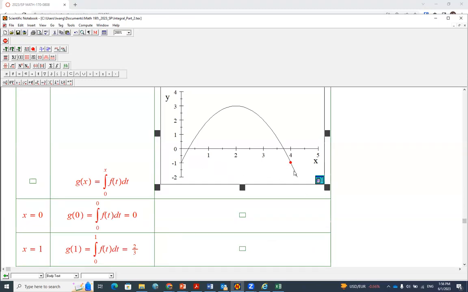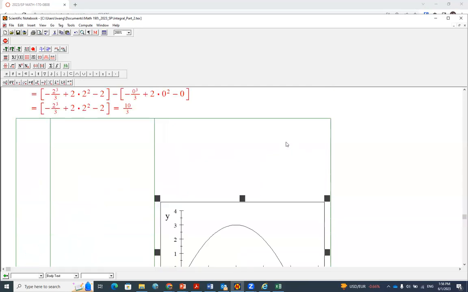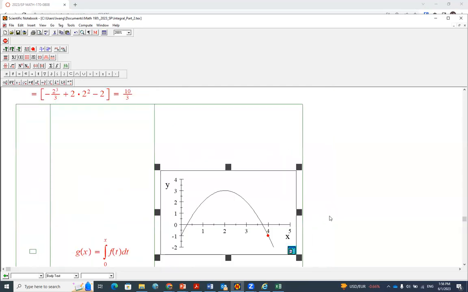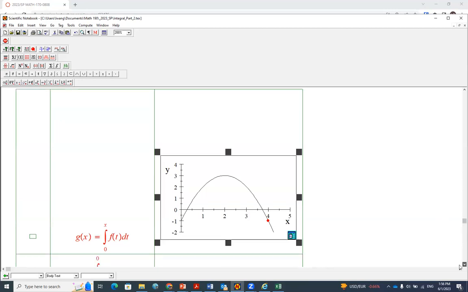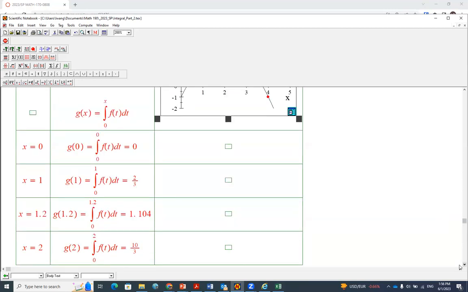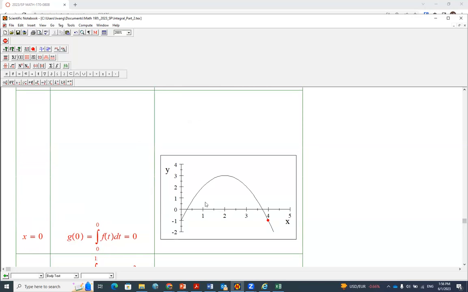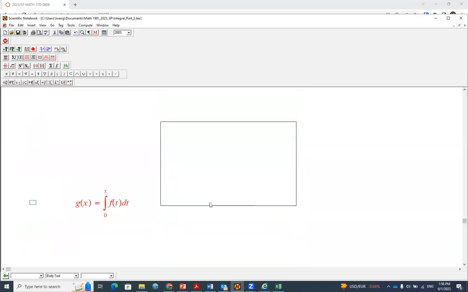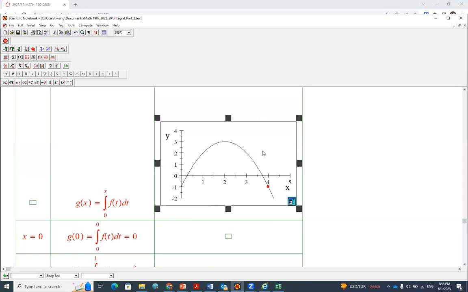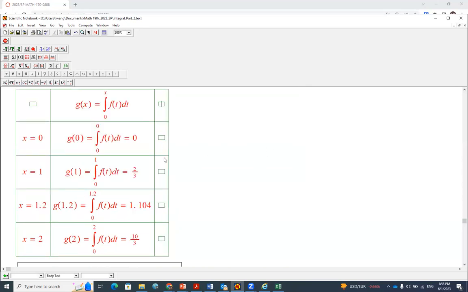For 0, 0, we're basically integrating from 0 to 0.